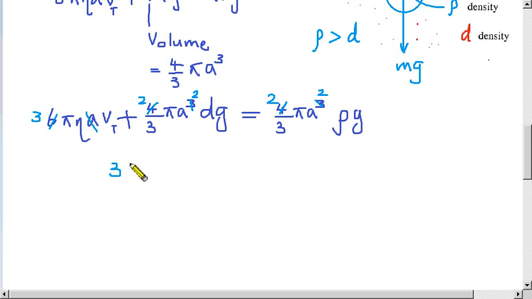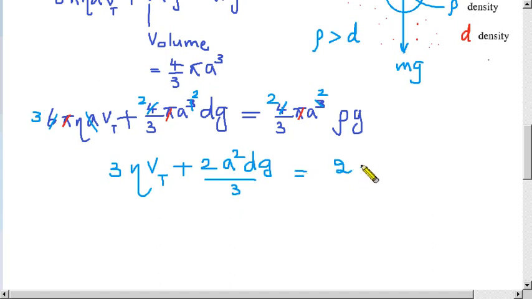Then 3 times π, π also cancels, then 3 η terminal velocity plus 2 a squared d g divided by 3 equals 2 a squared ρ g divided by 3.